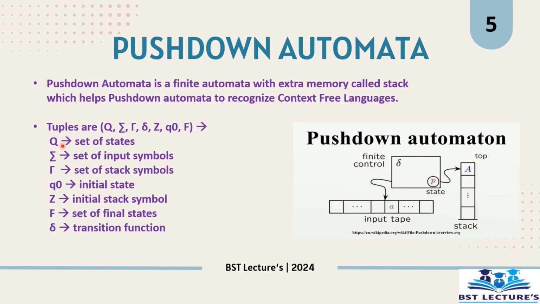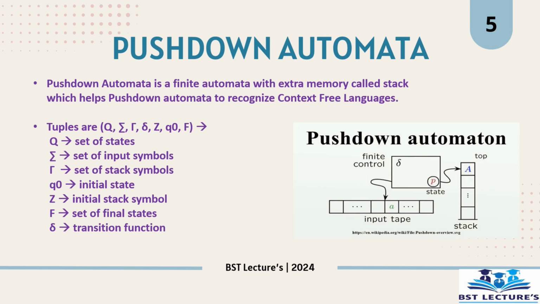Q represents the set of states as usual. Sigma is the set of inputs. Next, the Greek letter gamma represents the set of stack symbols. Q naught is the initial state, Z is the initial stack symbol. We can represent it with Z or a dollar symbol also. F is the set of final states, and last but not the least, which is very important, the transition function.